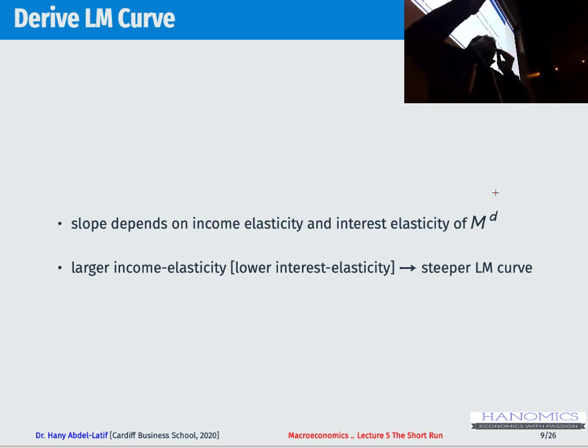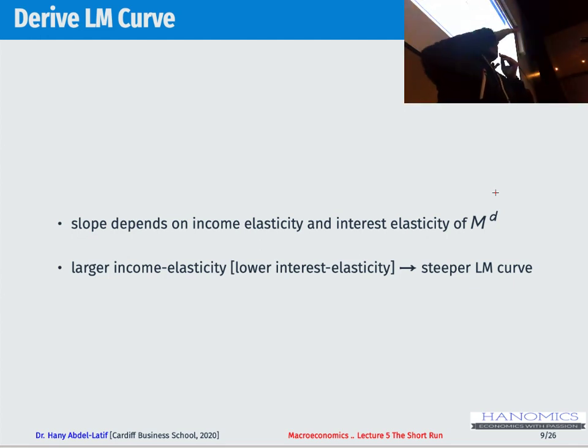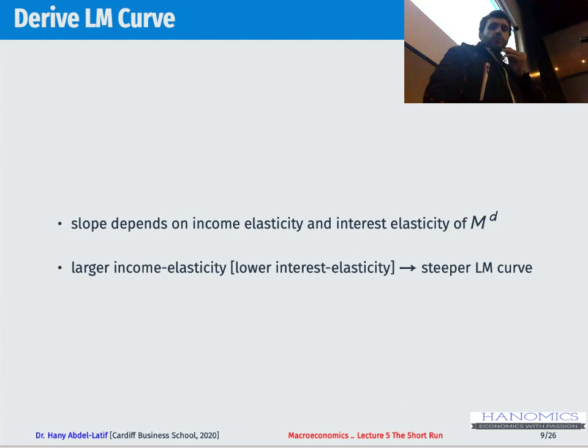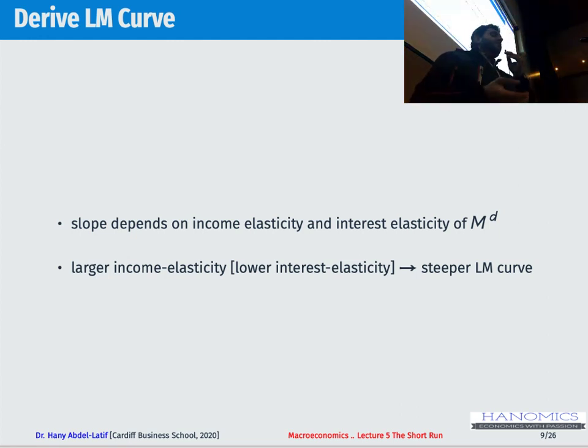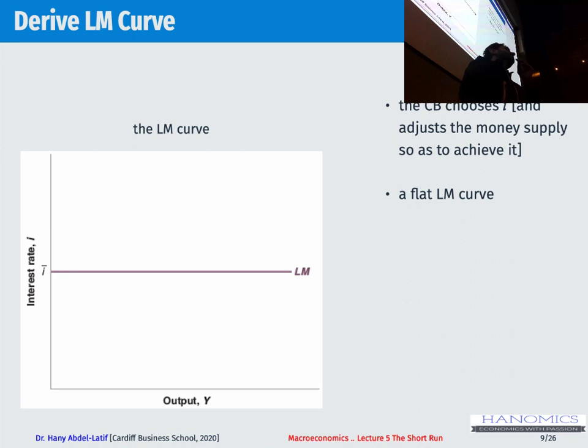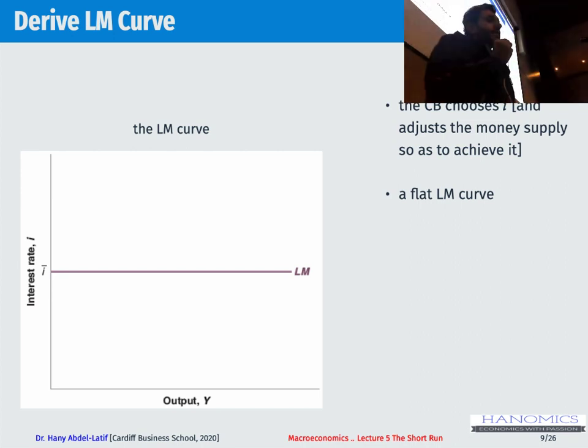So now we understand that IS is a downward-sloping curve and LM is an upward-sloping curve. I said this is the traditional way of thinking of LM. However, in the last lecture we said that modern central banks usually choose the interest rate.